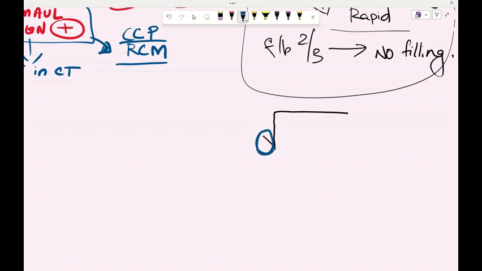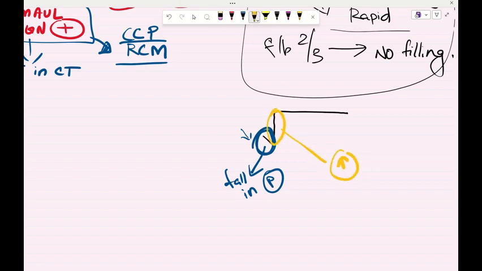This part shows fall in pressure, right? And this part, the one in yellow, shows rise in pressure in the ventricles because of the thick pericardium.